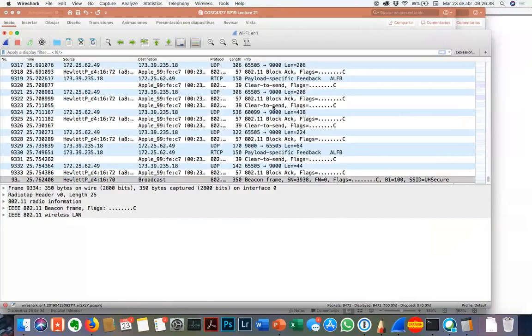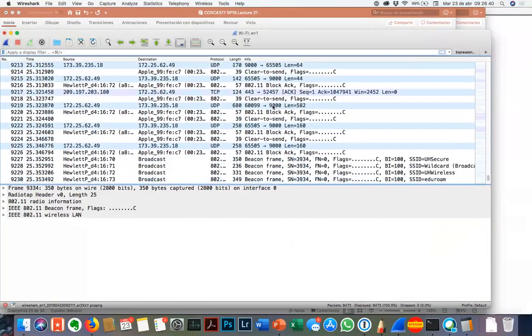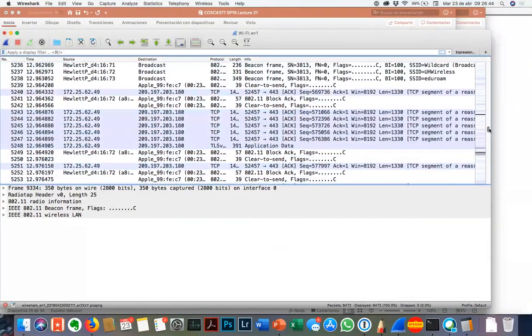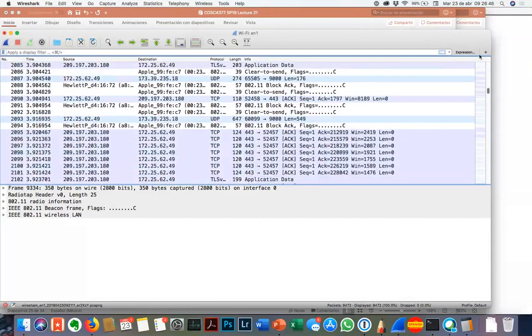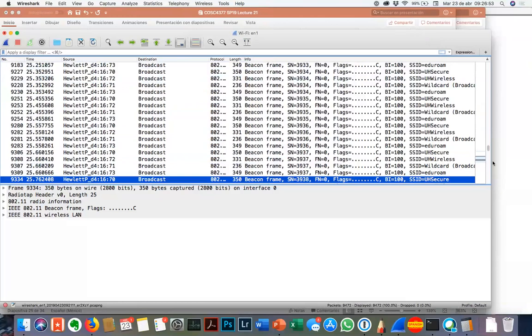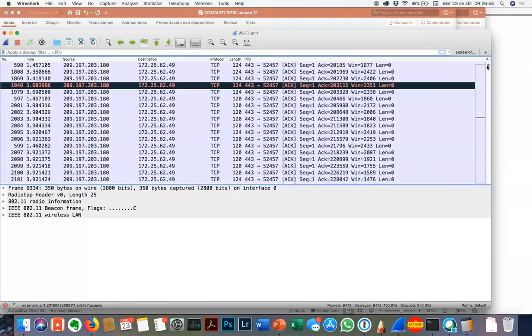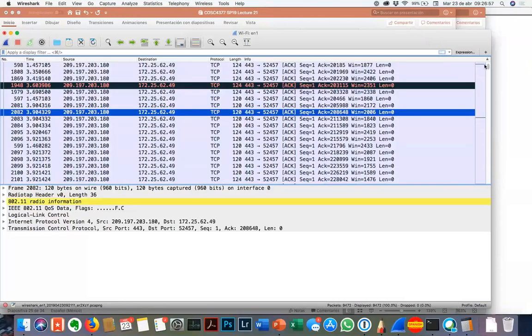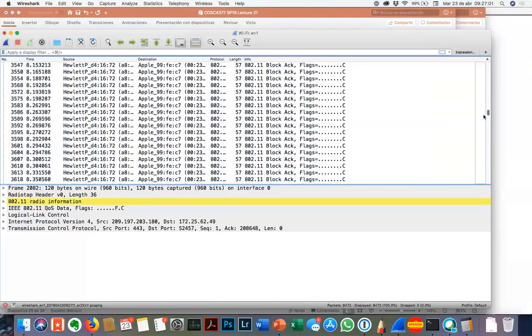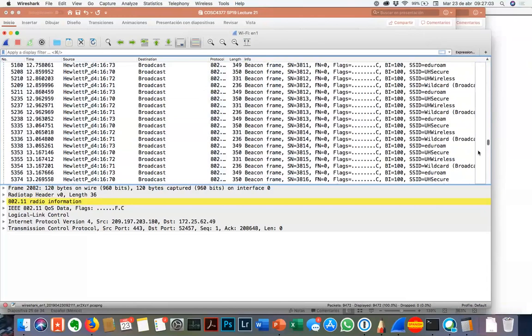So you have a request to send that you blast out, and I don't see too many of them in here, which is really quite interesting. If I sort by this, I should. Beacon frames. Then I have acknowledgement fields. This is data, block acks, more beacons, clear to sends.